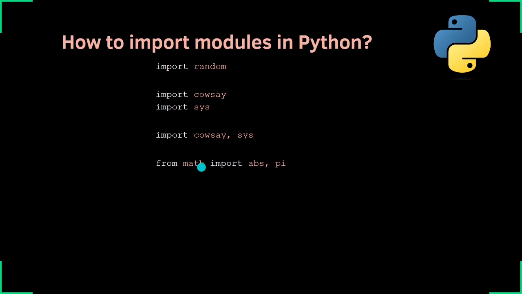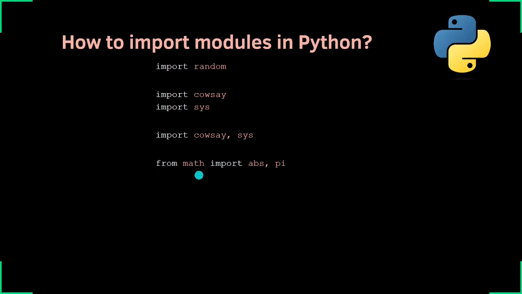You are not importing the whole math module, neither are you importing anything else from that module. Does that make sense? You only get access to these two, a function and a variable that was defined in this file. Yeah. So you're importing only those. If you did import math, you would import everything from that math module. But here you are only importing two different things. Right.